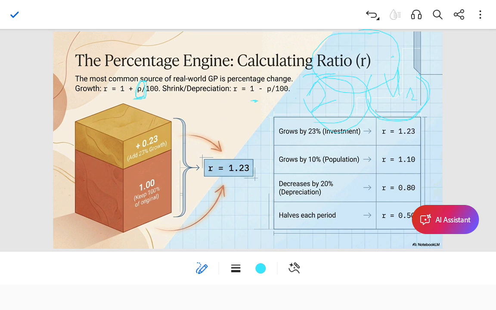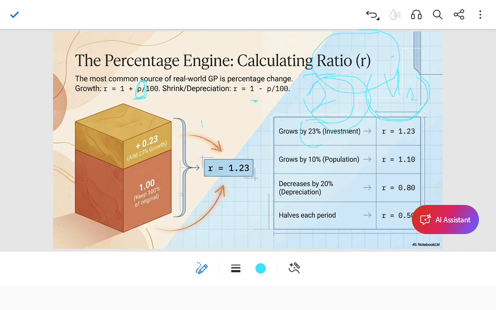Then afterwards we calculate the increment. So for example, if we say growth by 23%, it is 1.23.